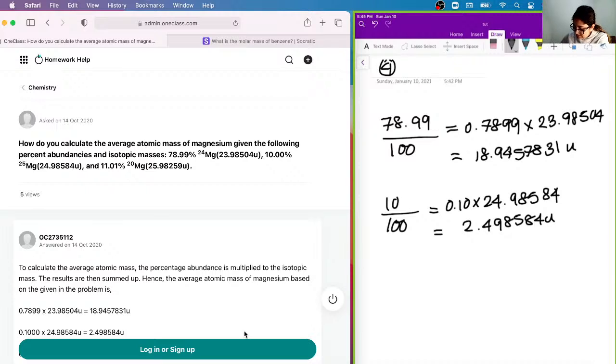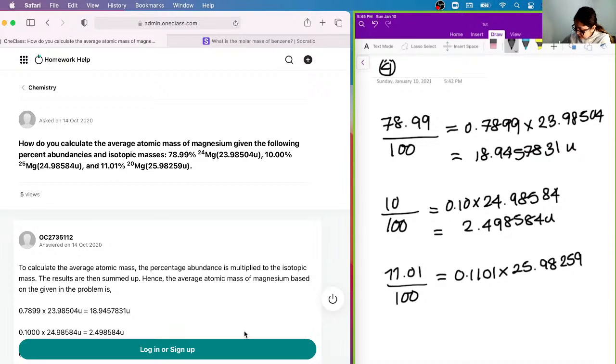That's your atomic mass. And lastly, you have 11%. So 11.01% over 100, and this is equal to 0.1101, and you multiply this with the atomic mass, which is 25.98259.